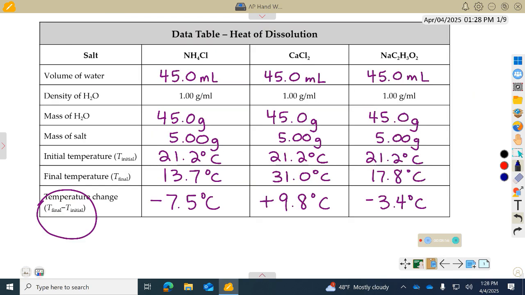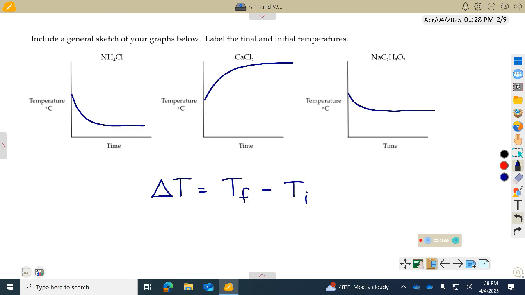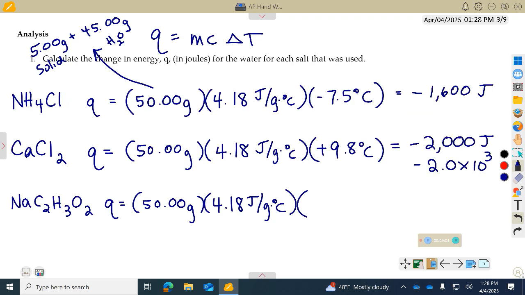If I remember right, yep, negative 3.4 degrees Celsius. 50 times 4.18 times negative 3.4. I get a negative, like 710 joules. Oh, whoopsies, why did I put negatives in the middle? Hello, positives. Were you wondering if I was going to get to that? Hello, that's positive.